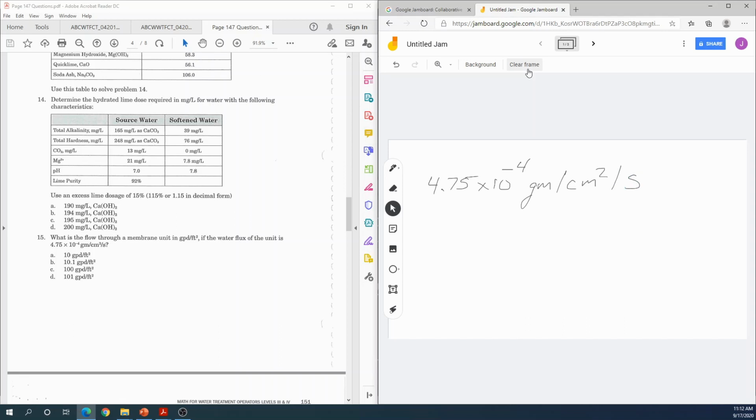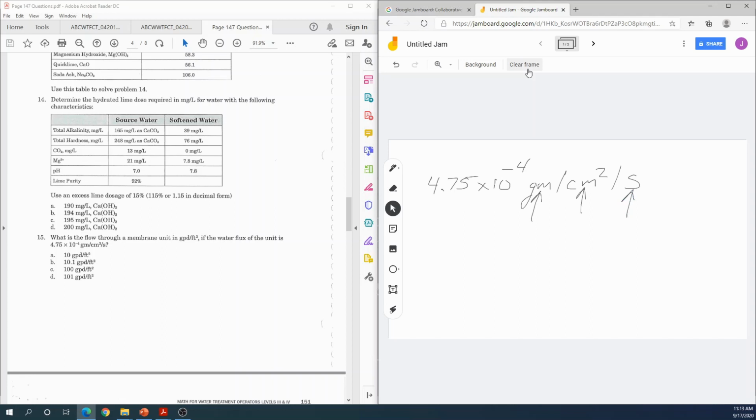So what is the flow through a membrane in gallons per day per square foot if the water flux of the unit is? So water flux of the unit, what we're talking about there is it's a mass. So we have grams is a mass of water per centimeter squared is going to be per an area of the membrane, and then per second is just going to be a time factor.